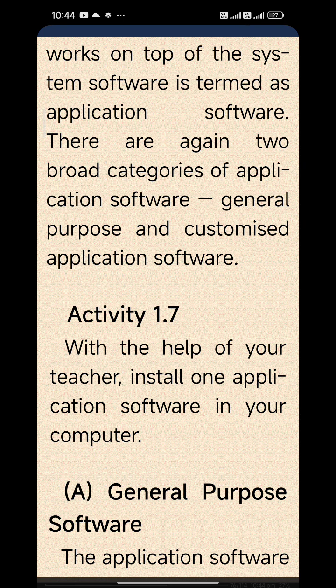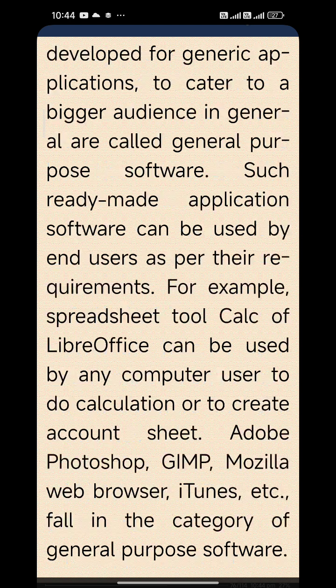Activity 1.7. With the help of your teacher, install one application software in your computer. A. General purpose software. The application software developed for generic application to cater to a bigger audience in general are called general purpose software. Such ready-made application software can be used by end users as per their requirements.